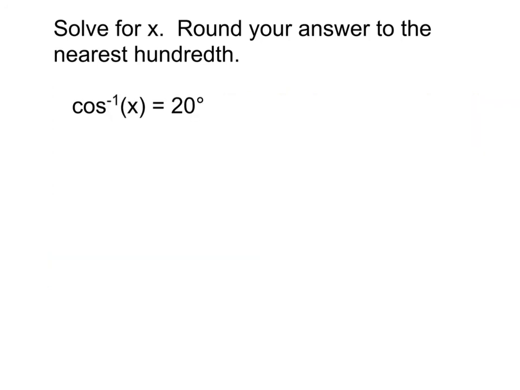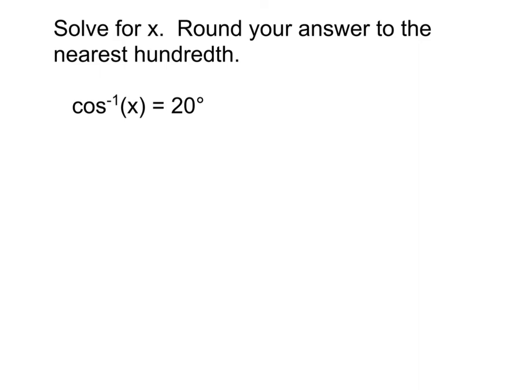Right, now in this case, notice I'm starting you off with inverse cosine of x. Well, again, in the last problem, remember we talked about at the end how inverse cosine always gives us an angle? Well, notice it gives us an angle here as well. But how am I actually going to solve for x?